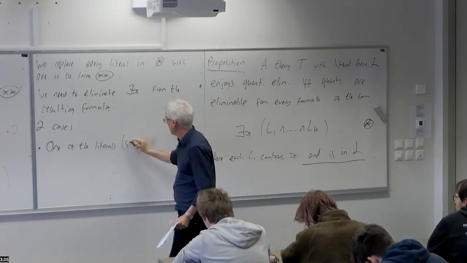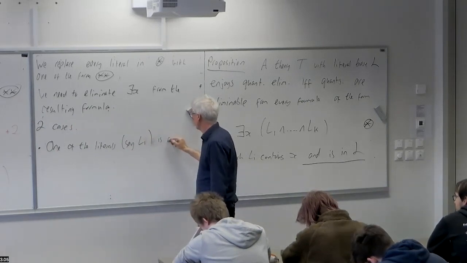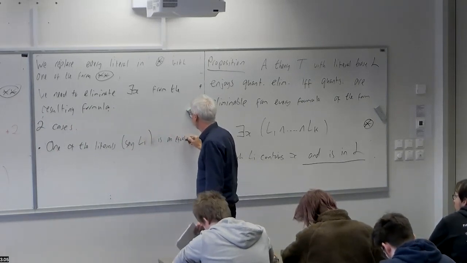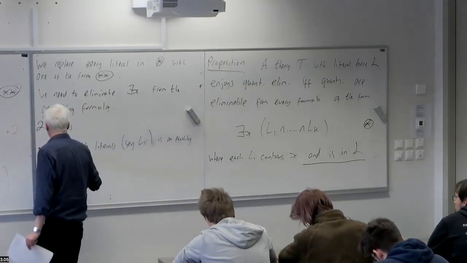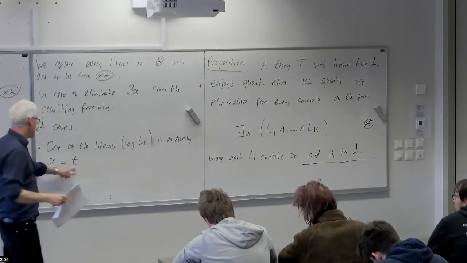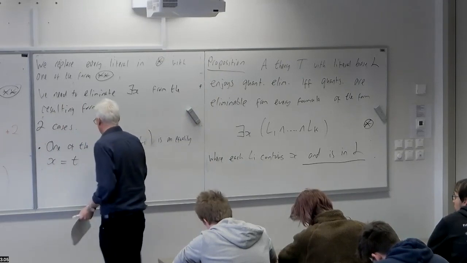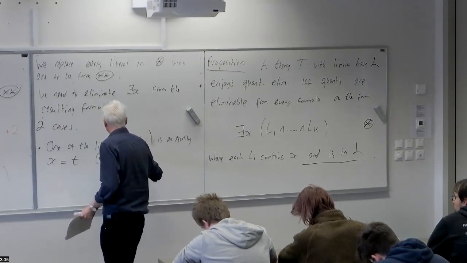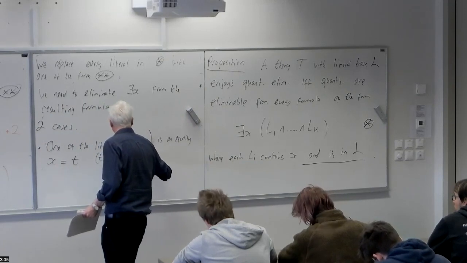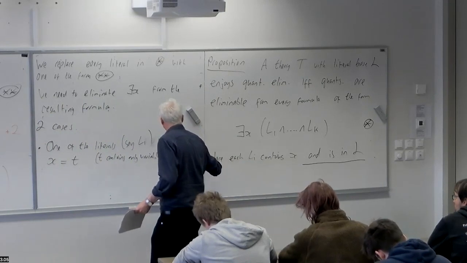So we can again say, without loss of generality, that the first literal is an equality. Such an equality is x equals t, where t contains only variables different from x.